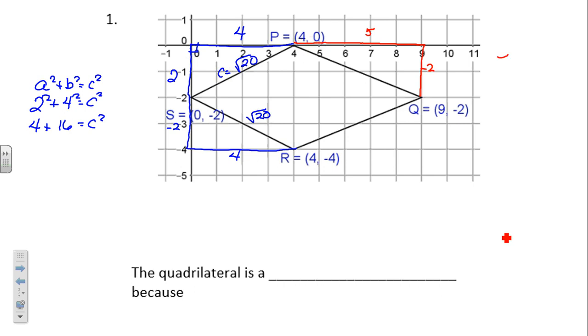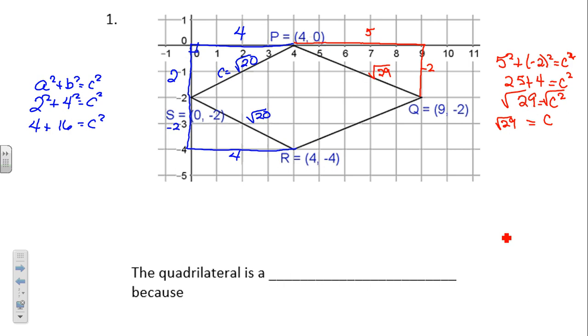So what is 5 squared? 25, and negative 2 squared? 4. And 25 plus 4 is 29. So when 29 is c squared, c is the square root of 29. So this one's the square root of 29.